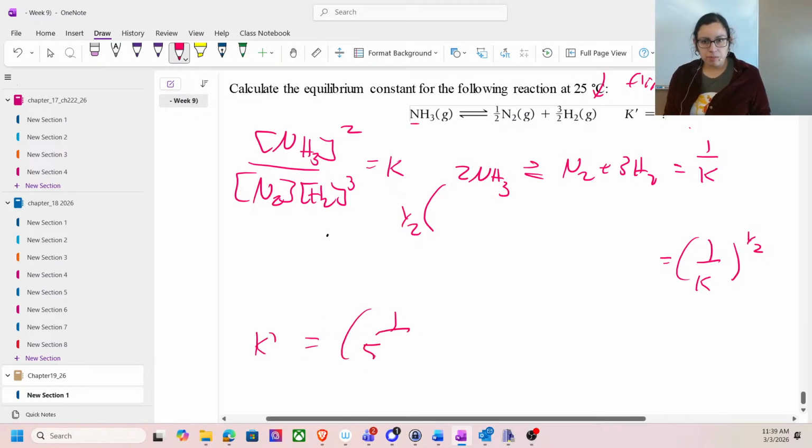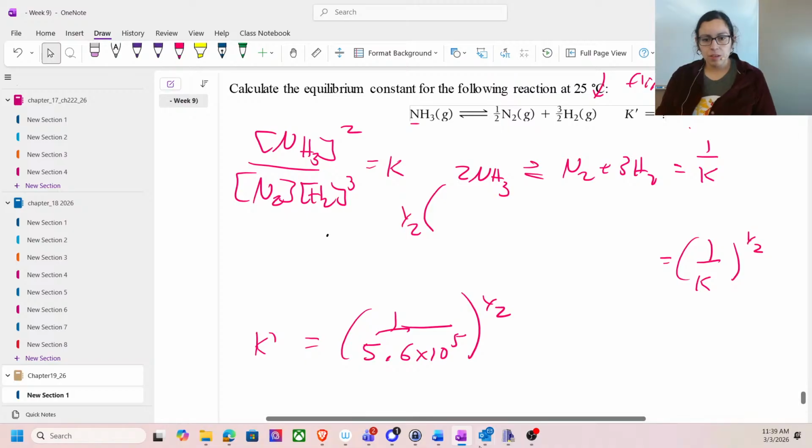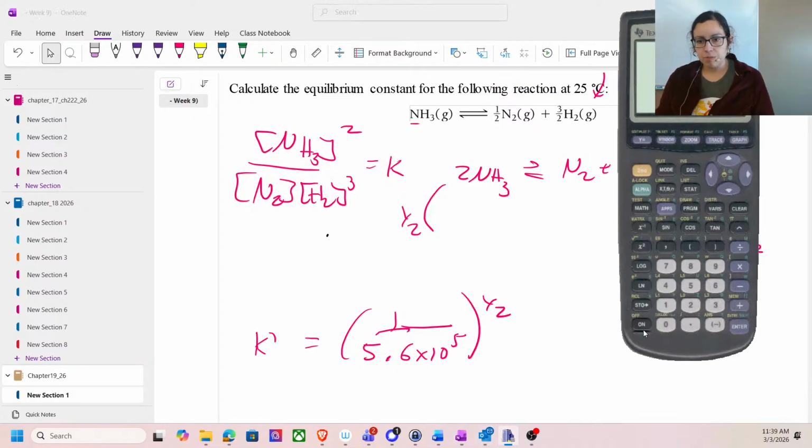I'll punch this into my calculator once I write this. So that's what our expression should look like. And again, just punching it in. So then we should get this for our new K expression.